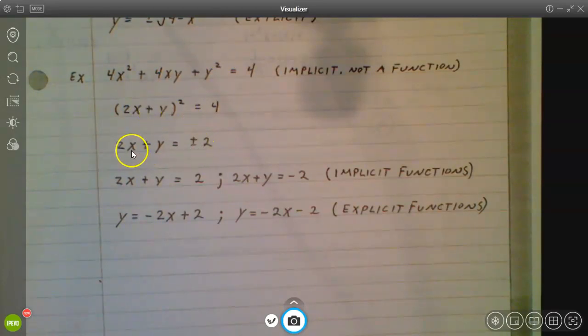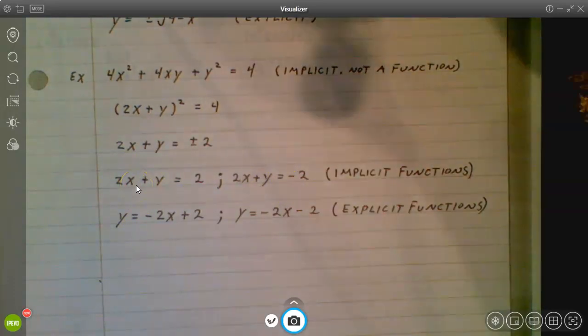Square root both sides, and you get this look right here. Get y by itself by subtracting over the 2x, and you got the two different looks, one for the positive and one for the negative. And these, as written this way, are now explicitly defined because you have y by itself. Even in this form right here, it's still implicit because both variables are on the same side.